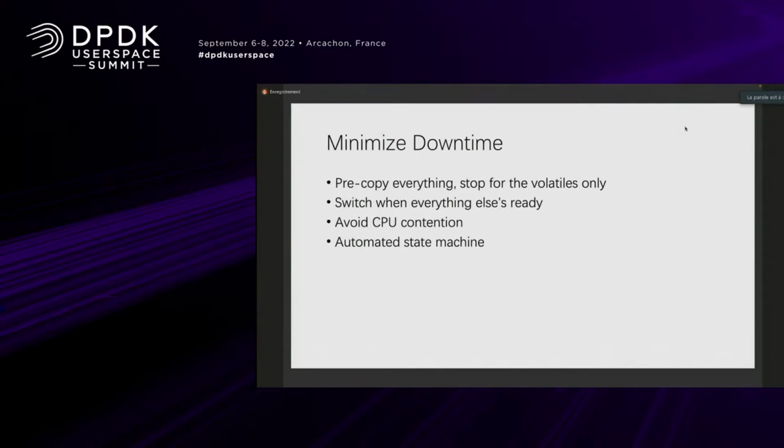And then third is to avoid the CPU contention. Basically, when we have two processes designed for the upgrade, we have double copies for memory, but for CPU, we definitely only have one, the same PMD. That makes sure the new process does not start the PMD before the old one stops.